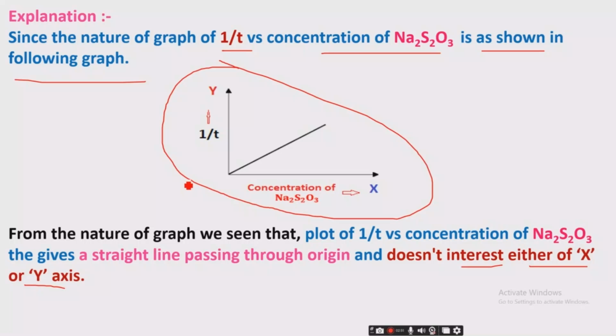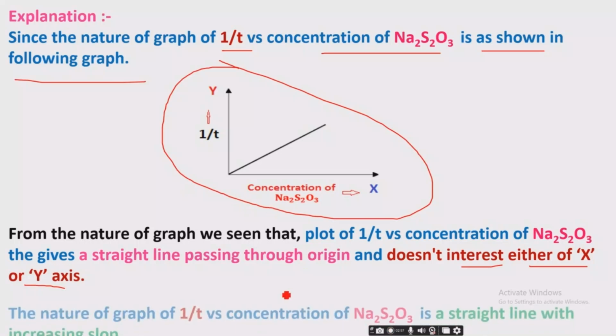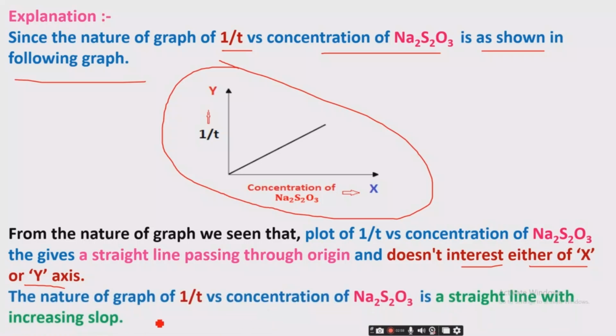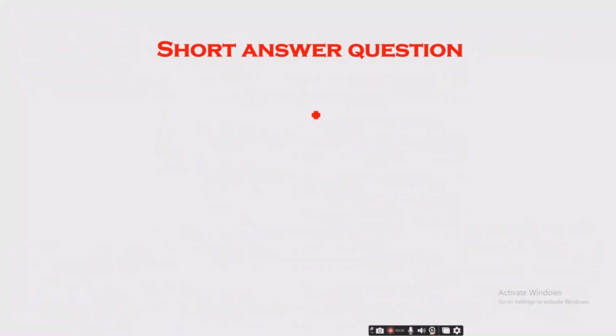So we have to neglect options C and D, and thus the nature of graph of 1 by T versus concentration of sodium thiosulfate is a straight line with increasing slope. So next are the short answer questions.